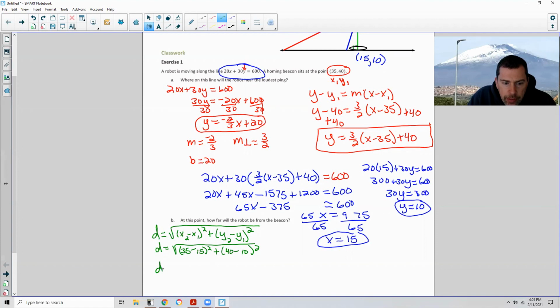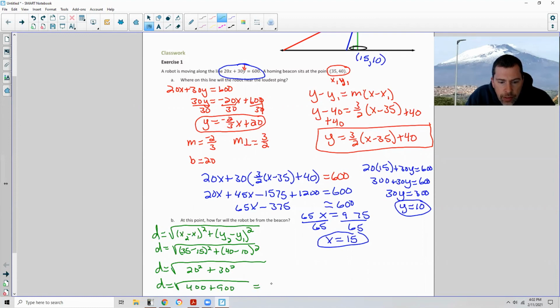So the distance the beacon will be from this is the square root of 35 minus 15, which is 20, plus 40 minus 10, which is 30. And you square it. So now d equals the square root of 20 squared, which is 400, plus 30 squared, which is 900.